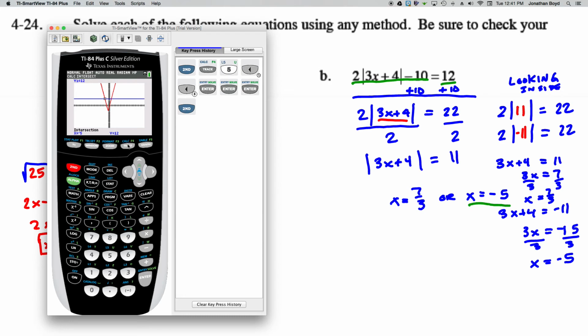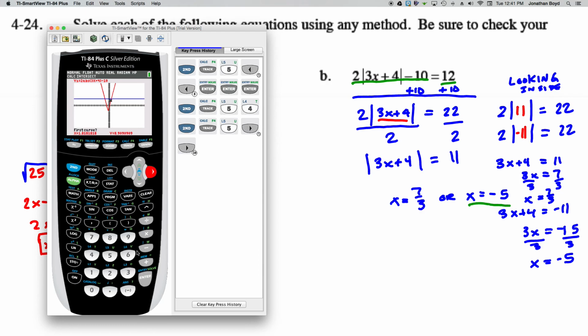Let's do second trace, number 5. This time, instead of arrowing over, I'm going to show you that I can just type in a value here. Let's say I type in when x is 4. Oops, didn't work for me that time. Why did it not work? Well, let's just arrow over. Come on over.